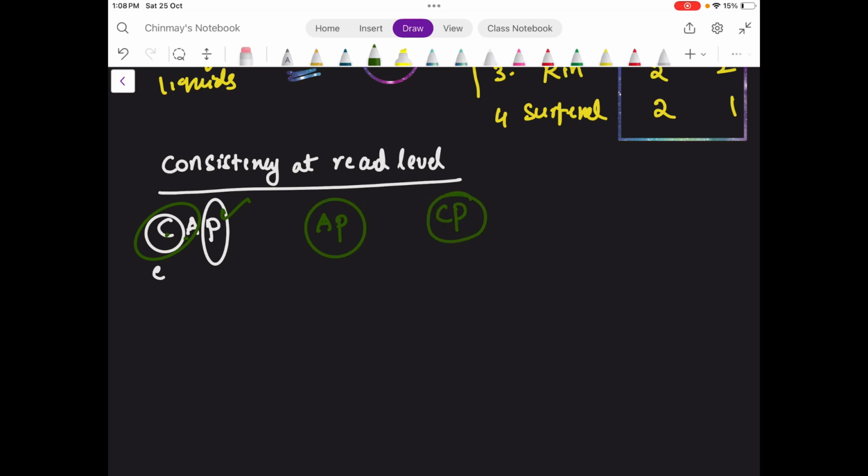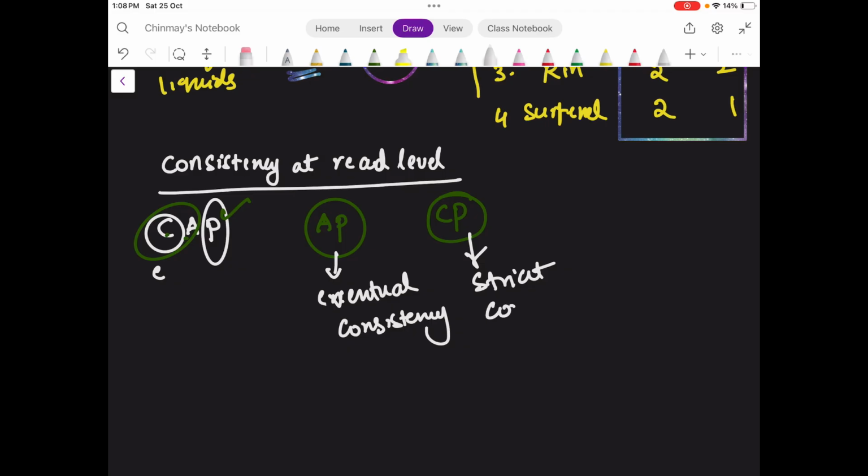In the case of AP systems, there is eventual consistency. In the case of CP systems, strict consistency.